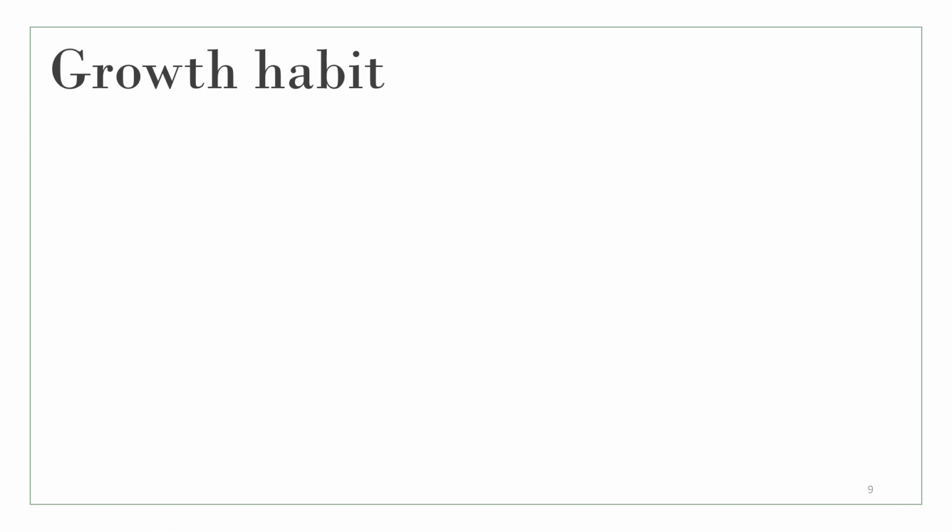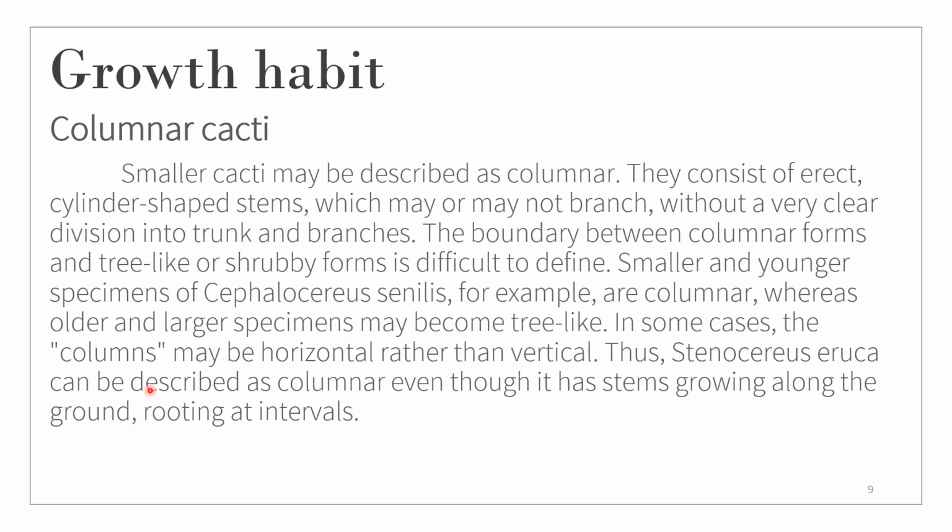Okay, let's continue. We have also another type, which is columnar cacti. Smaller cacti may be described as columnar. They consist of erect, cylinder-shaped stems which may or may not branch, without a very clear division into trunk and branches. The boundary between columnar forms and tree-like or shrubby forms is difficult to define.